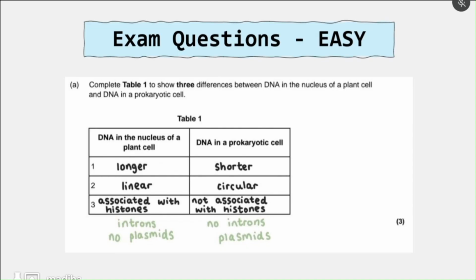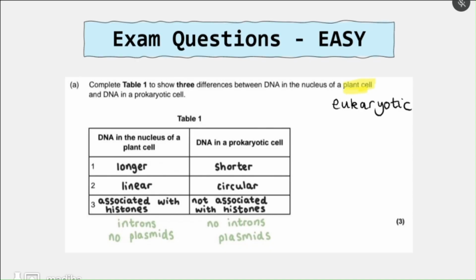A plant cell is a eukaryotic cell, which is something we're meant to be aware of. And the question gives us that the other one is prokaryotic, so you know this is going to be a simple comparison question. So we've got longer, shorter, linear, circular, associated with histones and not associated with histones, and then other things you can put: introns, no introns. Also, I didn't fully mention this because I don't really like this point, because sometimes they give it to you, sometimes they don't.